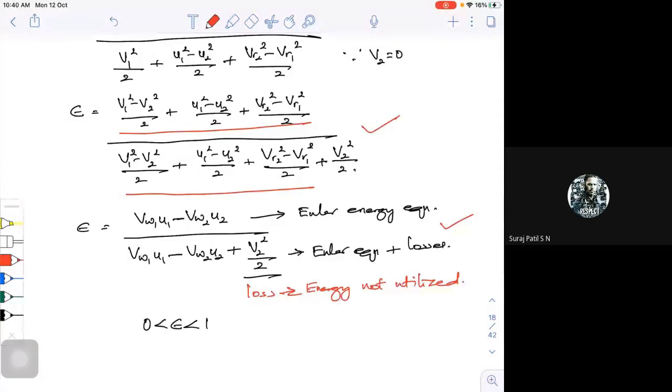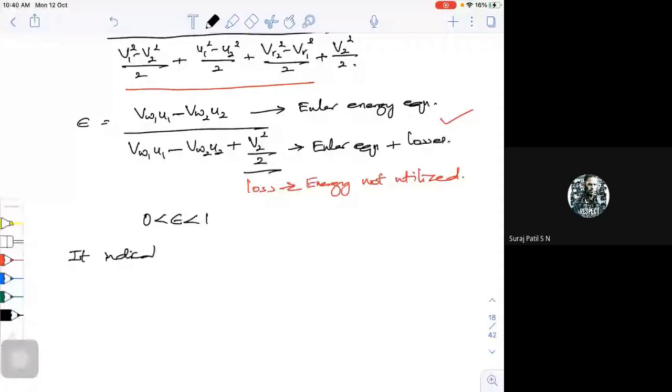So a fluid entering at 40 meters per second and going out at 0.5 meters per second will have a higher utilization factor. So what does it indicate?